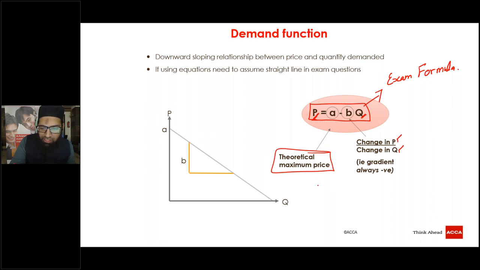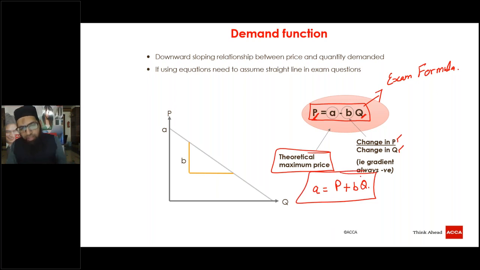In the equation, we can calculate the value of A as A equals P plus BQ. That is how we estimate the value of A.